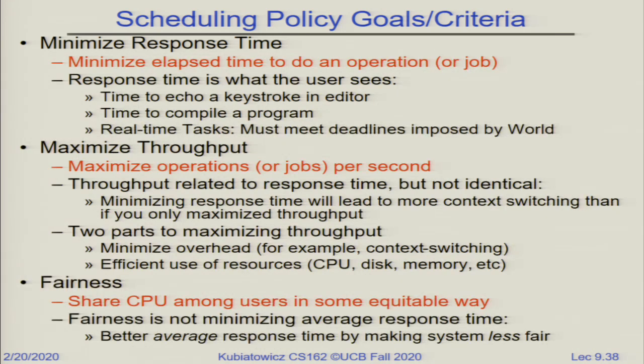And then, of course, you could also say, well, I care about fairness. I want to share the CPU among users in some equitable way. Whatever equitable means, right? So fairness is not minimizing average response time, because better average response time actually makes the system less fair. Because if you're typing really rapidly, you're getting a lot of CPU time, and so it's unfair because I'm not getting CPU.